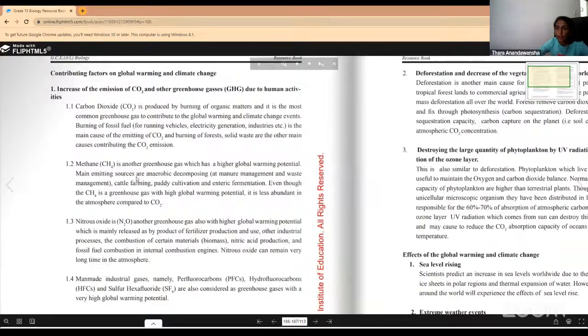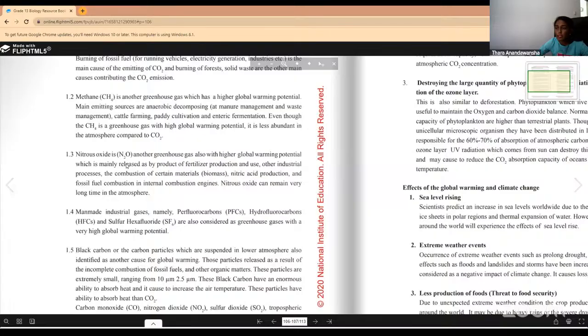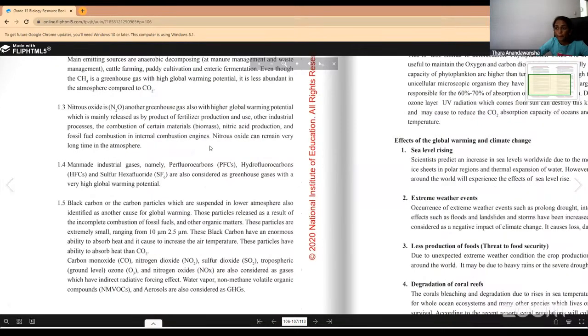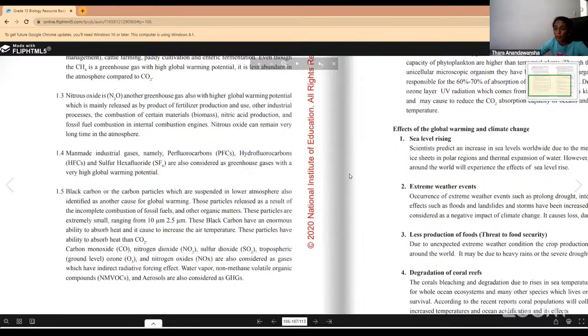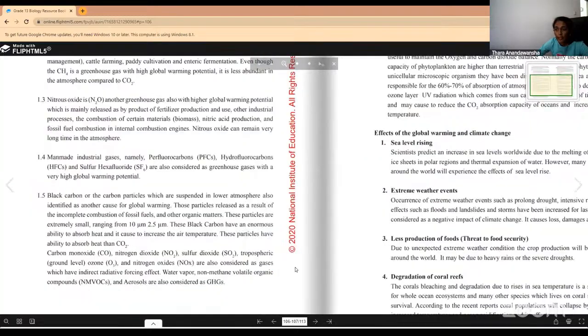So here, carbon dioxide, methane, nitrous oxide, man-made industrial gases such as fluorocarbons, hydrofluorocarbons, and sulfur hexafluoride, black carbon particles, and carbon monoxide, nitrogen dioxide, and tropospheric ozone, that means lower level ozone, as I told you, and nitrogen oxide are also contributing here.